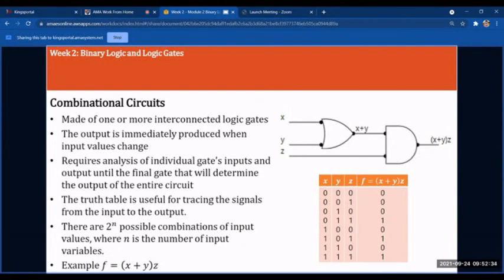There are 2 raised to n possible combinations of the input value where n is the number of input variables. So let's have an example here. We have f, which is equal to x plus y, then multiplied to z. So we have here different combinations from x, y, z.